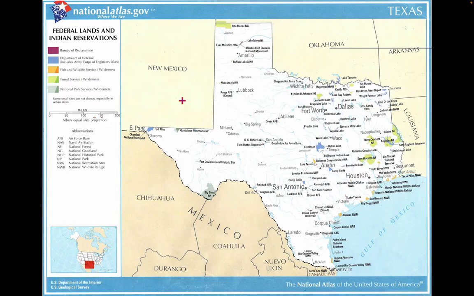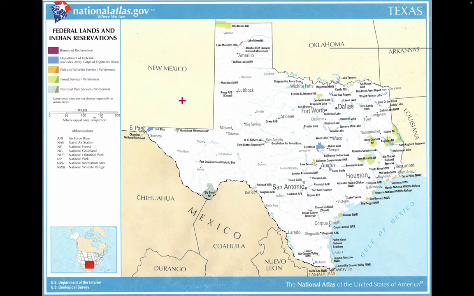And when I say state, I don't necessarily mean your status as far as your quality of life or your status in life, but also your status in government. So I have this map. It's from nationalatlas.gov. It's from a government website that has so-called been expired by the government.